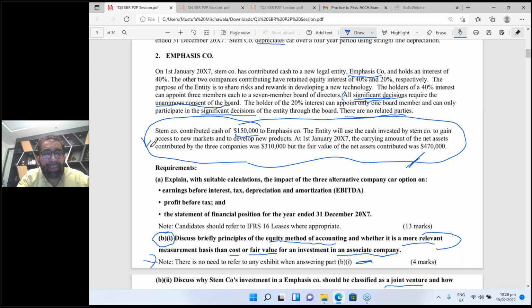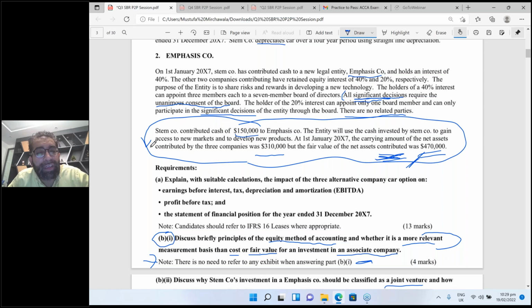At 1st January X7, the carrying amount of the net asset contributed by three companies was 310, but the fair value of the net asset contributed was 470. That means we got the company with fair value of 470,000, and our share is 40%.